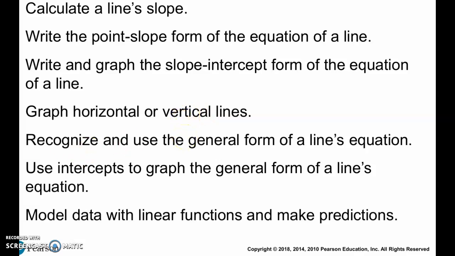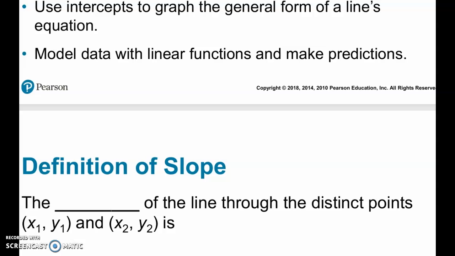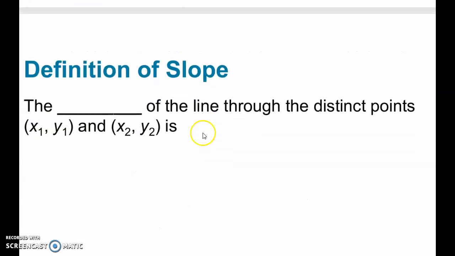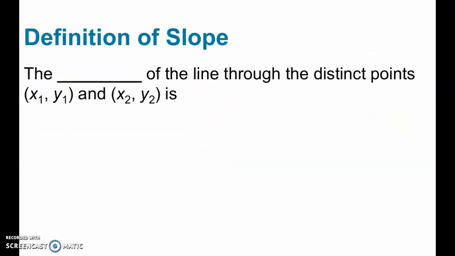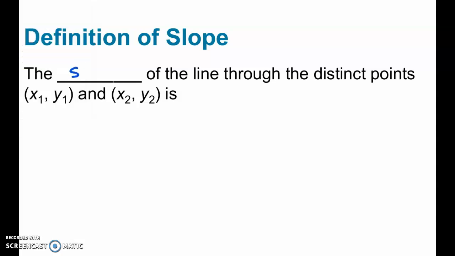to make predictions also. So let's take a look at the definition of a slope. So what is a slope? Well, the slope is how fast the line rises or falls. So let's fill in the blank here. The slope of the line through the distinct points x1, y1, and x2, y2.